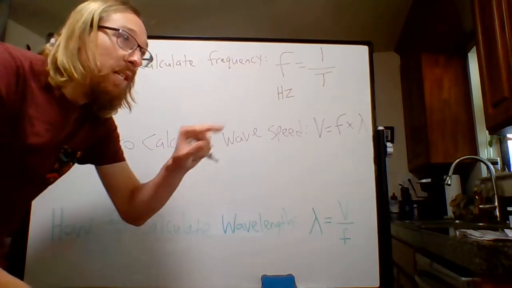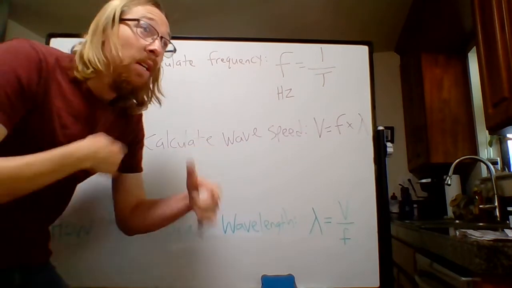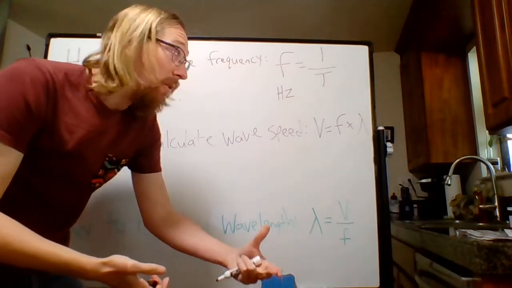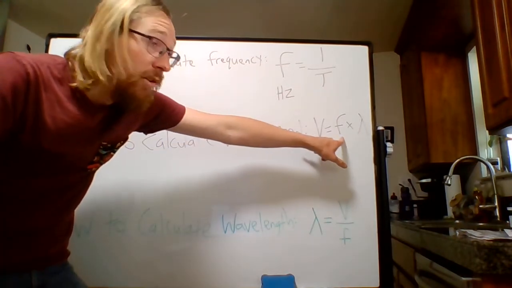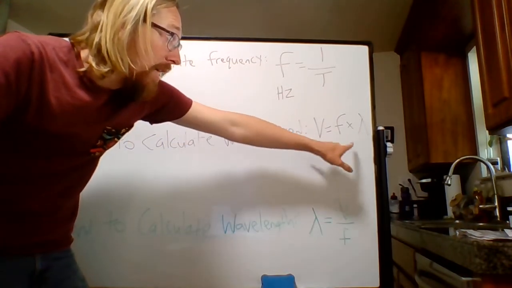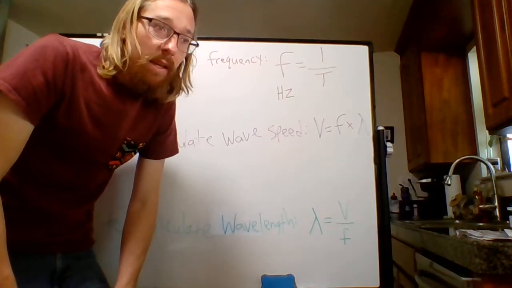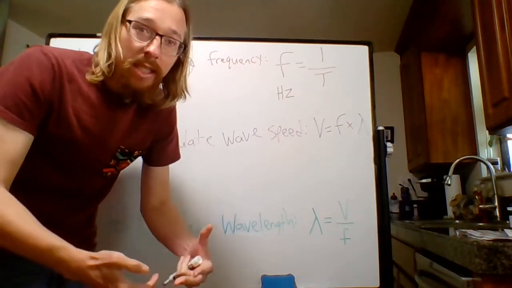So if the problem asks for wave speed and it says a vibration of such and such amount of hertz, 5 hertz, you know that's your F value. And then you multiply by lambda. Lambda is the wavelength. A wavelength is a distance.